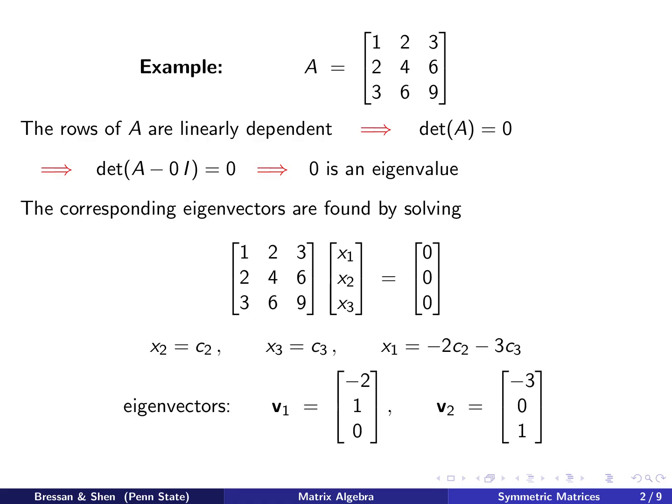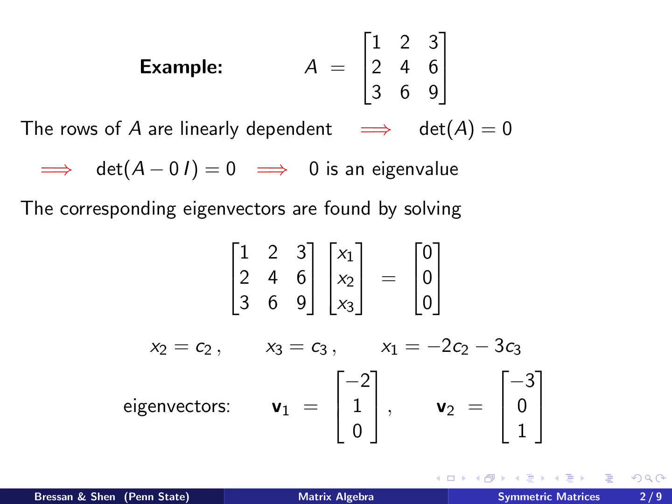And we can find the corresponding eigenvectors by solving the following system, that is, a vector such that A times it equals 0. So we want to solve for this system. And then we can see that basically this is represented by just one equation, that is x1 plus 2x2 plus 3x3 equals 0, because the second and the third are just the same.